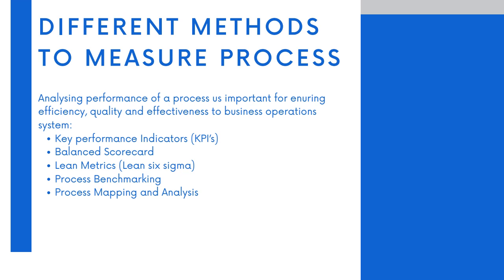Okay, the next one is process mapping and analysis. Process mapping is creating a visual representation of a process. So either you're using flow charts, diagrams, pie charts, a whiteboard, paper, and you're analyzing it into different steps: your inputs, your outputs, what your inefficiencies are.